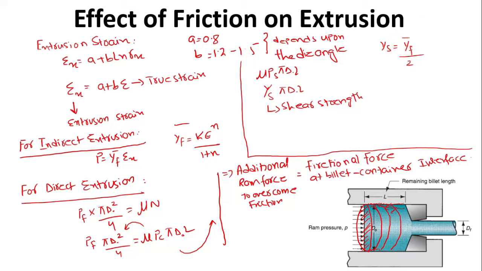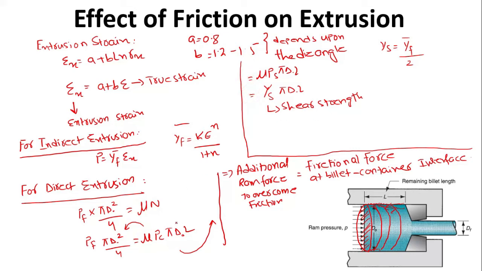In the case of hot working we know that the yield strength is equal to the flow stress. Flow stress is basically the yield strength of the material. So we can simply rewrite the equation by placing ys equals yf by 2.